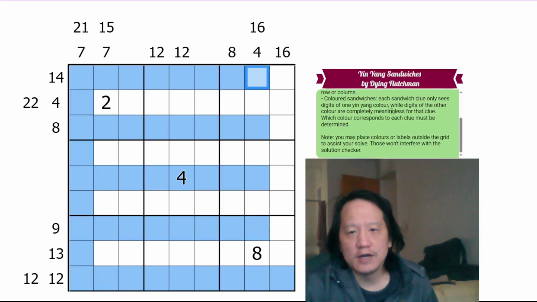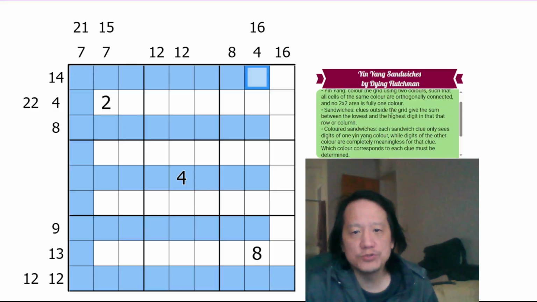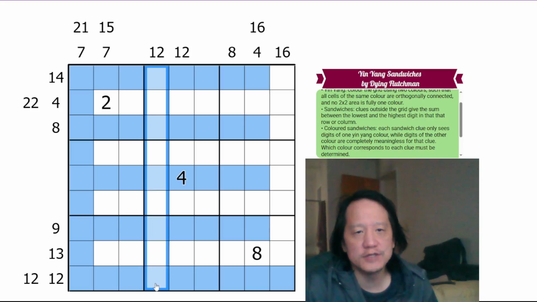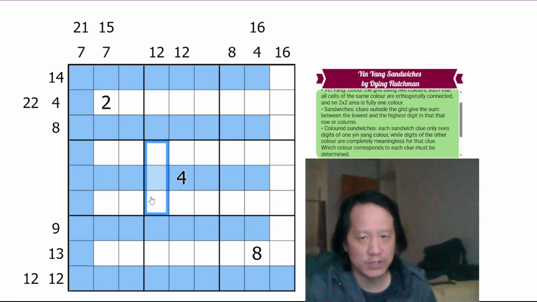We also have sandwiches, where clues outside the grid give the sum between the lowest and highest digit in that row or column. So in this column, this is saying that in between the lowest and highest digits, you have to have digits adding up to 12.